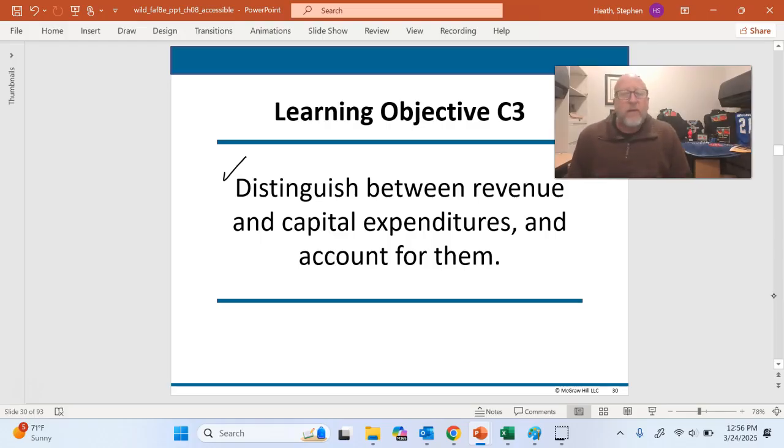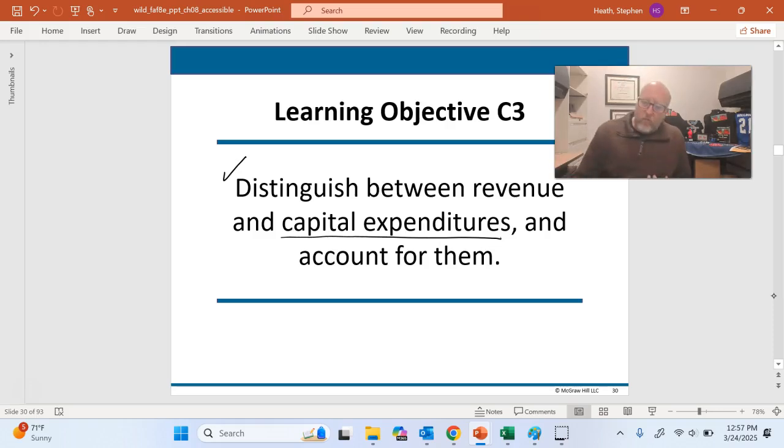Before I get into the slides, a revenue expenditure just means that it's something that I incur day to day. It's not something that goes to the cost of the asset. And a capital expenditure is something that relates to the cost of the asset, that needs to go on the balance sheet.